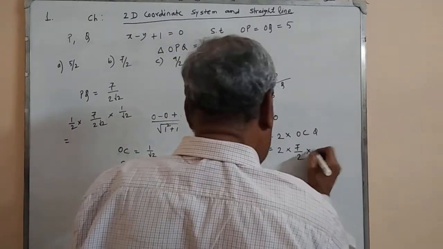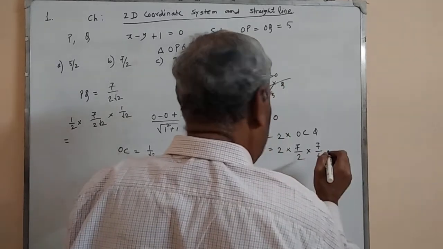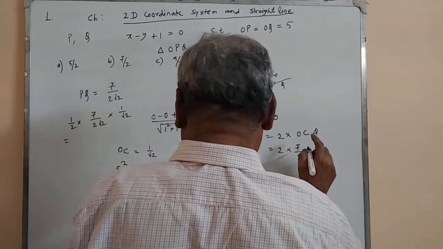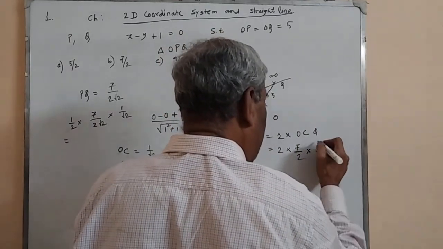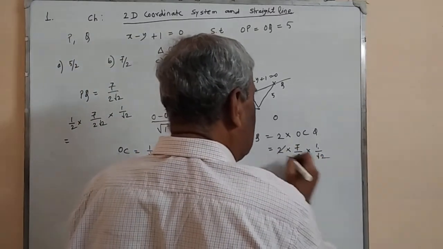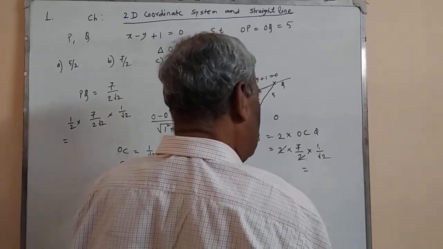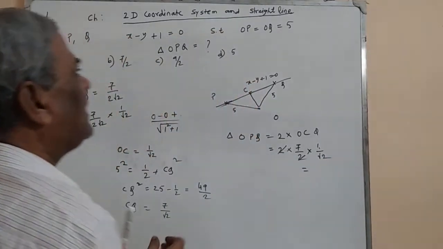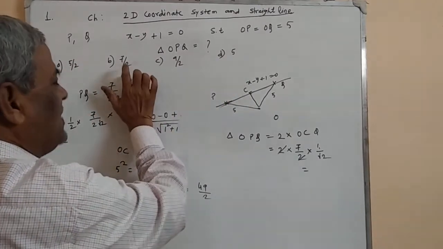Altitude is, no, OC is 1 by root 2. Now the 2 cancels, it is 7 by root 2. It is 7 by 2.